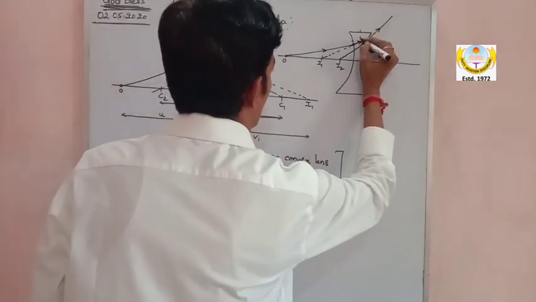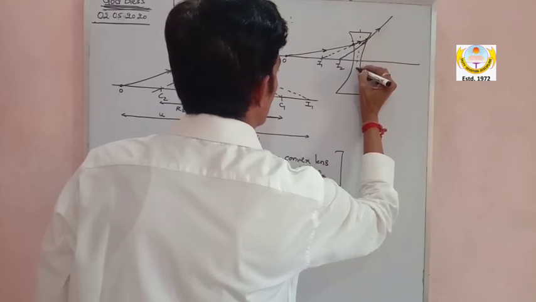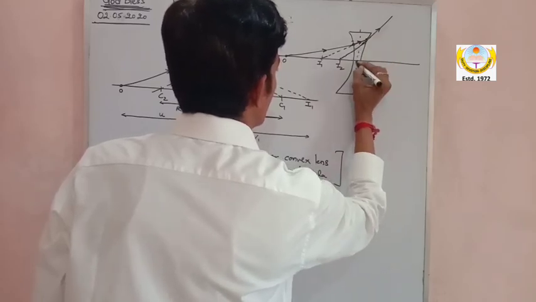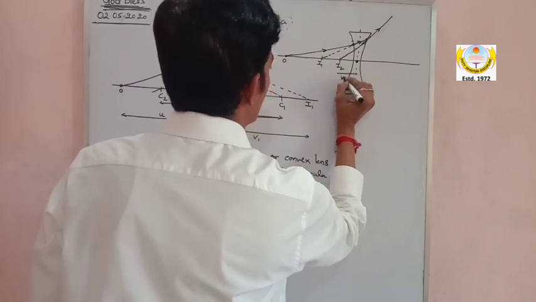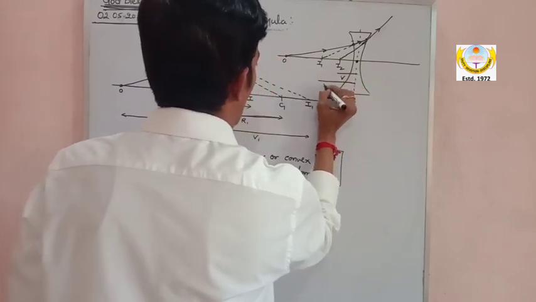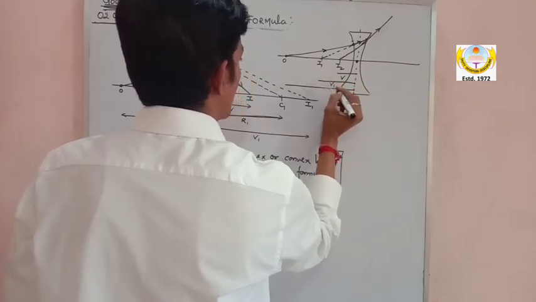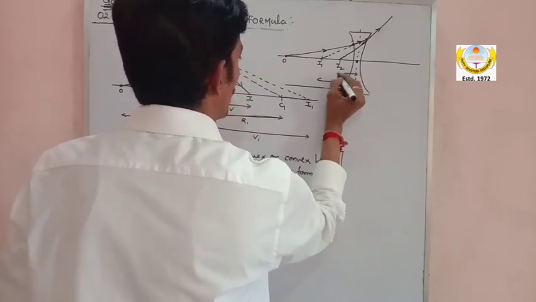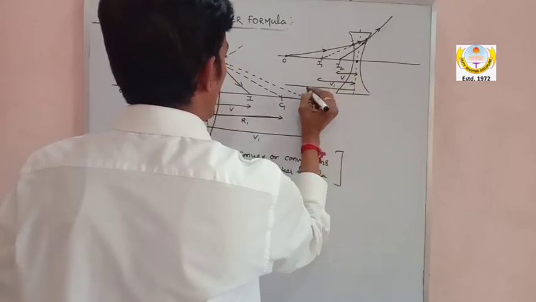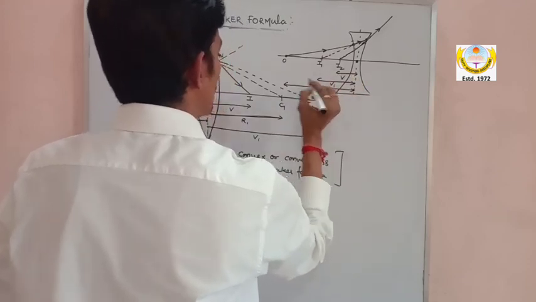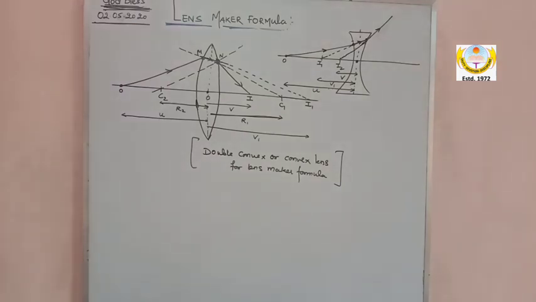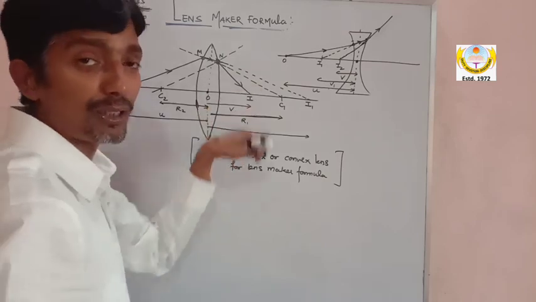if I draw this as an optical center, so this is your V, this is your V1, this is your V, and this is, my dear, your U. So this is the diagram for the lens maker diagram for concave lens, and this earlier is the lens maker diagram for convex lens.